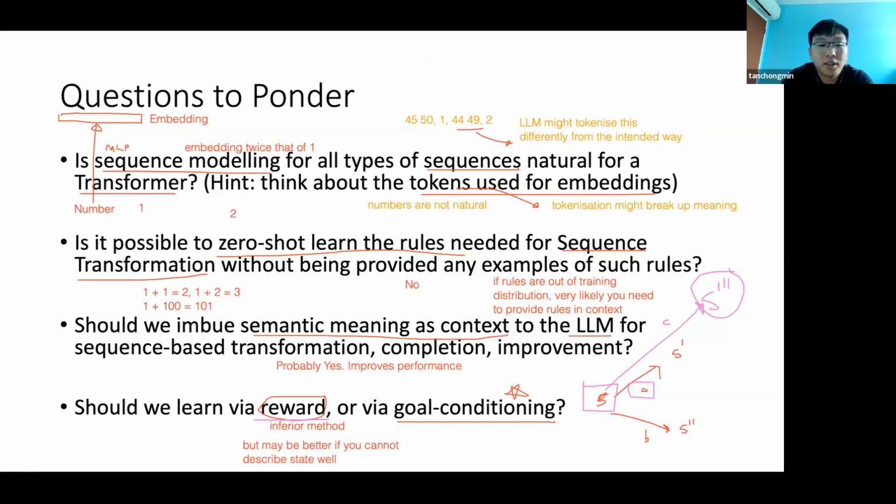Yeah, I take your point. Actually, reward is useful in some cases, and goal conditioning useful in others. But I would say that the use cases for reward are fewer than for goal conditioning, because with reward you don't really have a fixed goal that you are headed to. It's very hard to verbalize that goal using just a reward. But if you cannot verbalize it well in a very complicated environment, like you want the robot to fall at an angle of 5 degrees and not fall down at an angle of more than 80 degrees, sometimes it takes very long to write that down.